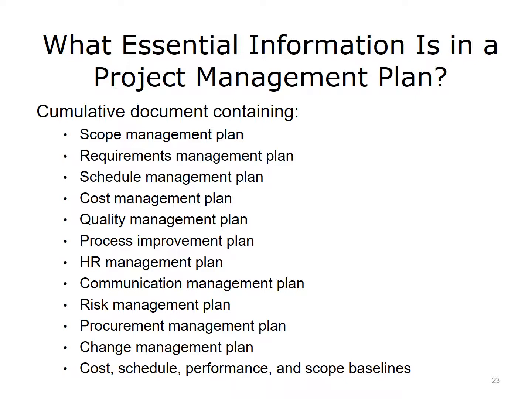As we mentioned in previous slides, the project management plan is a cumulative document containing management plans for scope, requirements, schedule, costs, quality, process improvement, human resources, communications, risk, procurement, and change, as well as cost, schedule, performance, and scope baselines.